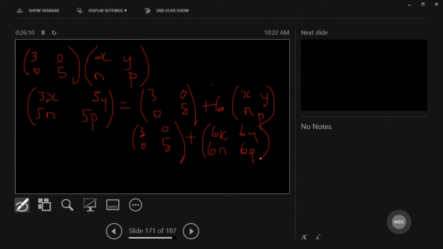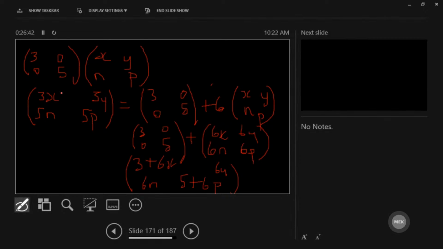So when we add them, we get 3 plus 6X, and then 0 plus 6Y, which is 6Y, and 0 plus 6N, which is 6N, and 5 plus 6P.